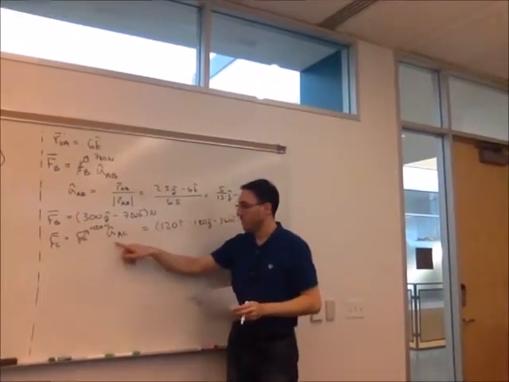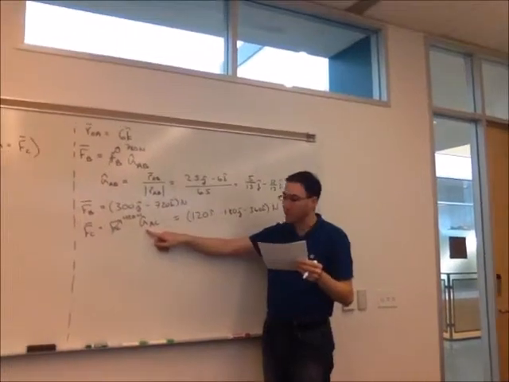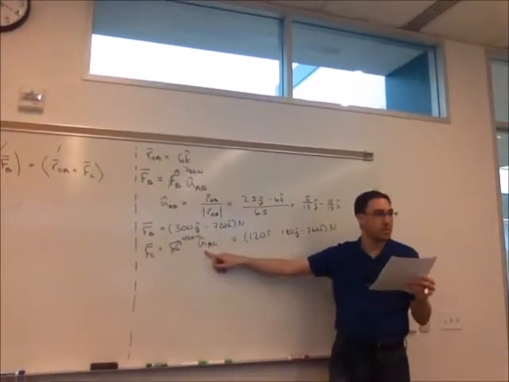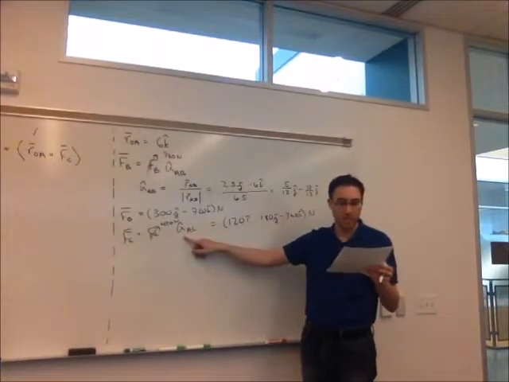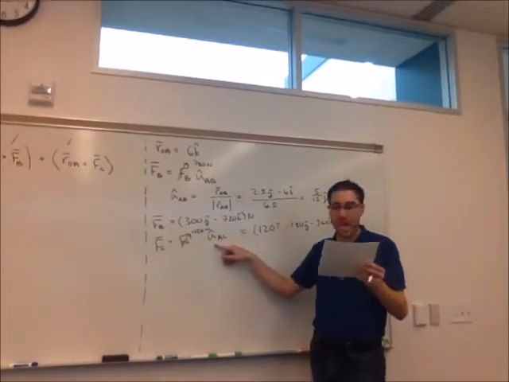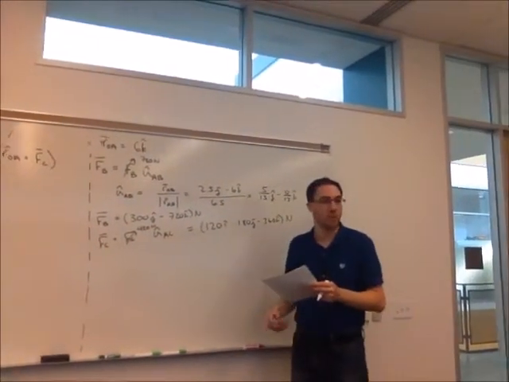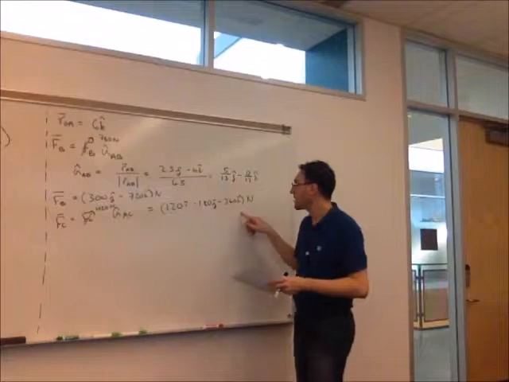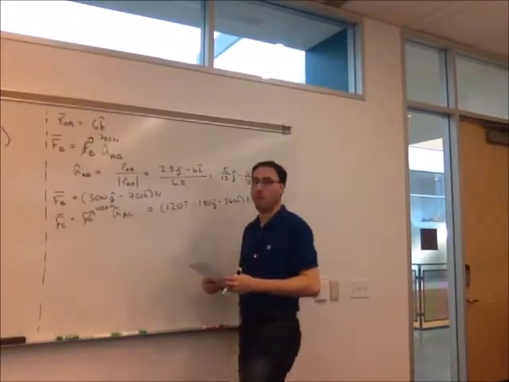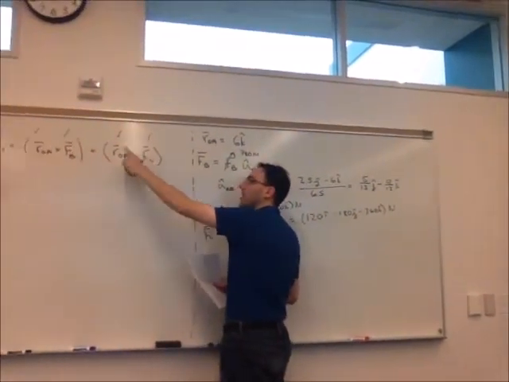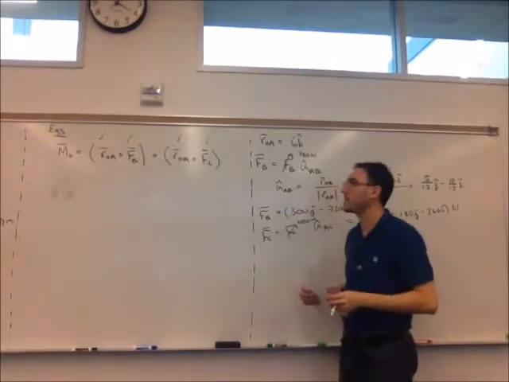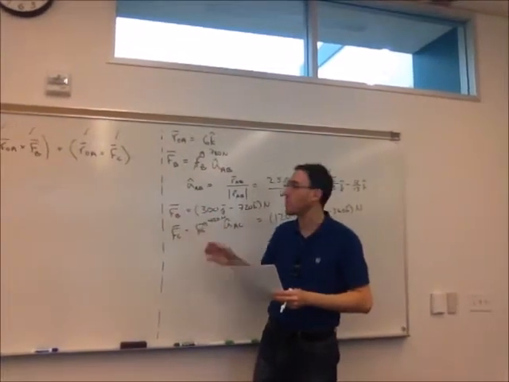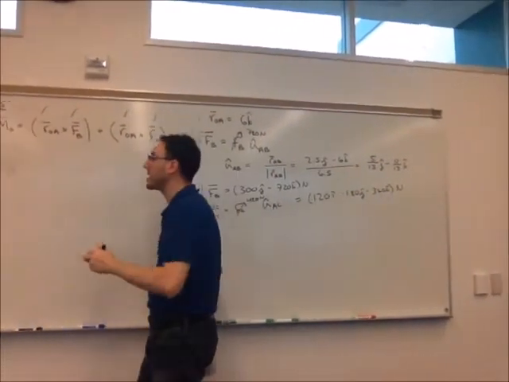And if you want to do the intermediary steps, U hat AC, you should have gotten 2/7 i minus 3/7 j minus 6/7 k, and then multiply that by the 420. All right, so we have FC in its components, i, j, k form also. So that's done. If we look up here, we know all three of these things in their component form. So now we can proceed to the next step.